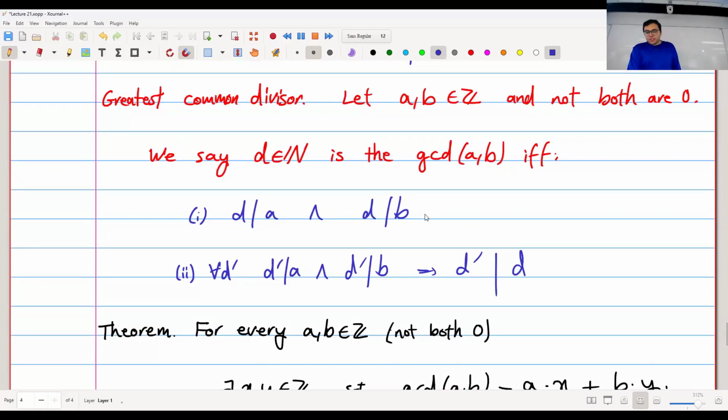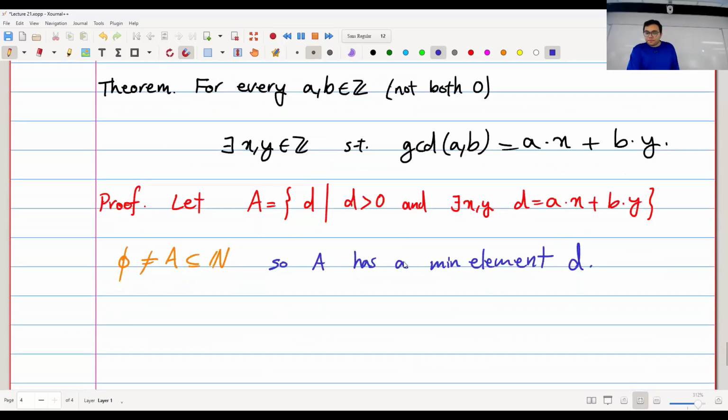Does D divide both A and B? So what do I know? I know that D is AX plus BY, right? And what I hope to prove is that D is a divisor of A. So suppose D is not a divisor of A. What happens then?